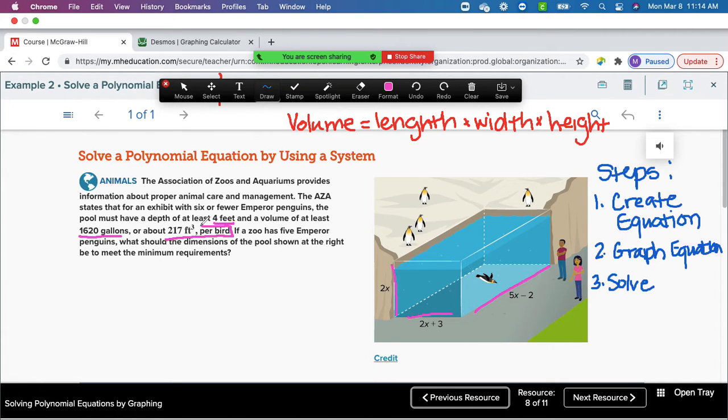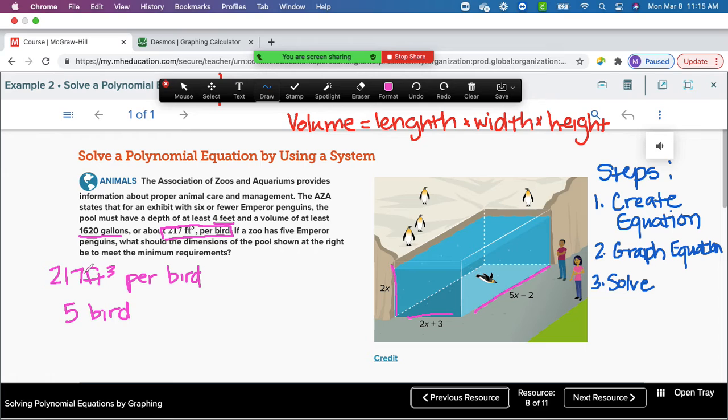So I'm going to use this one. And it tells us that that's per bird, right? 217 feet cubed per bird. But we have 5 birds, or penguins.